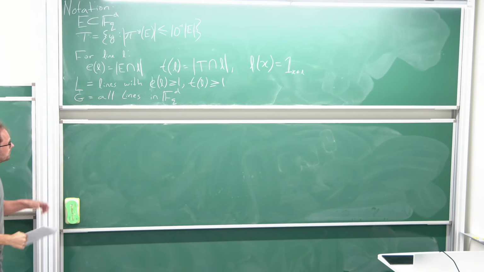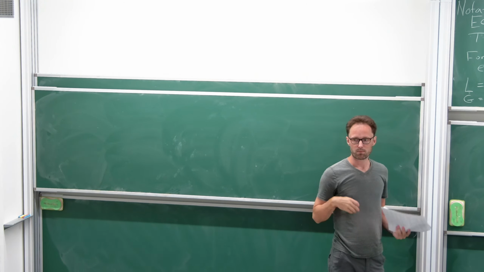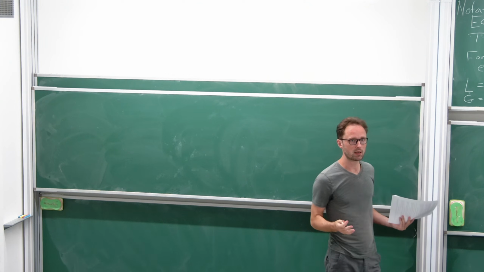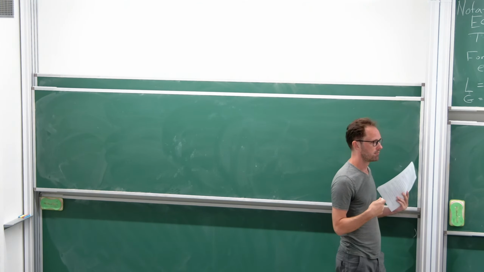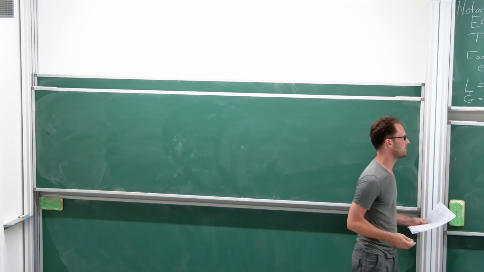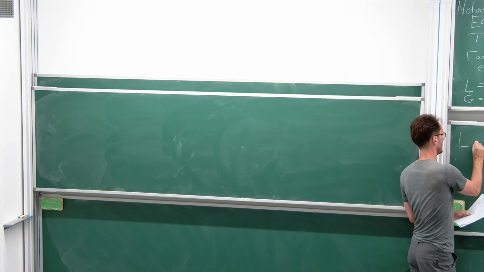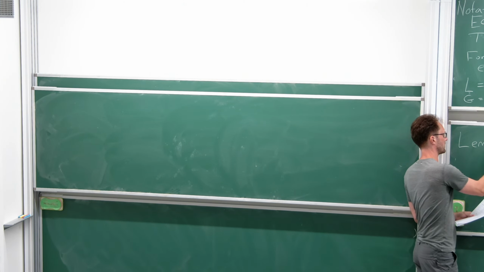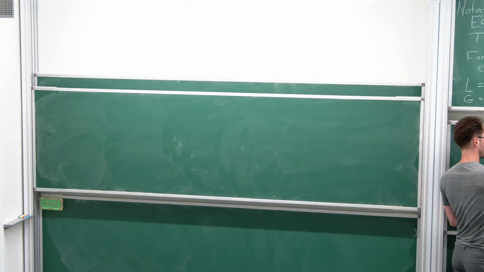A fundamental, and in this context quite simple, result that is a very useful tool for this type of problem is the following incidence type of bound. Let me just write it and then I'll say a few words.